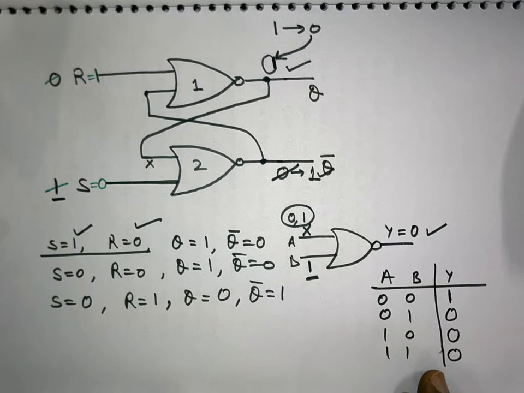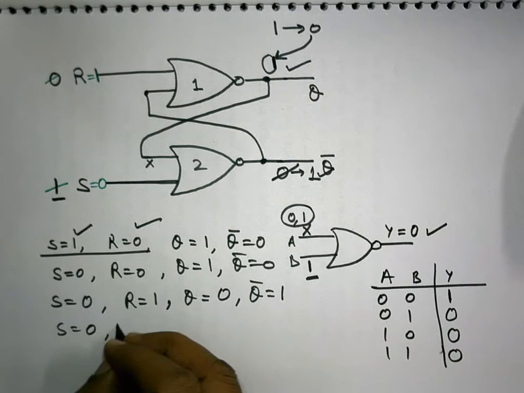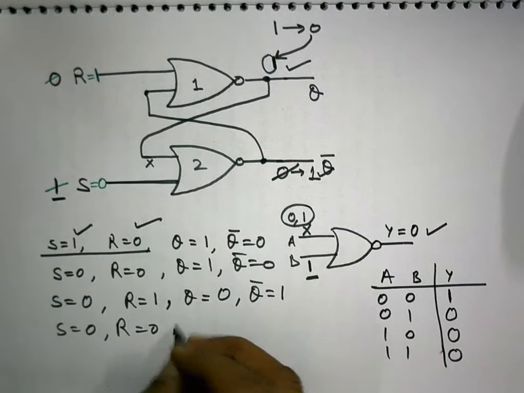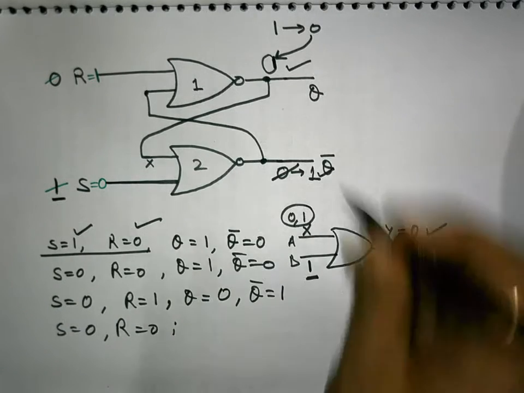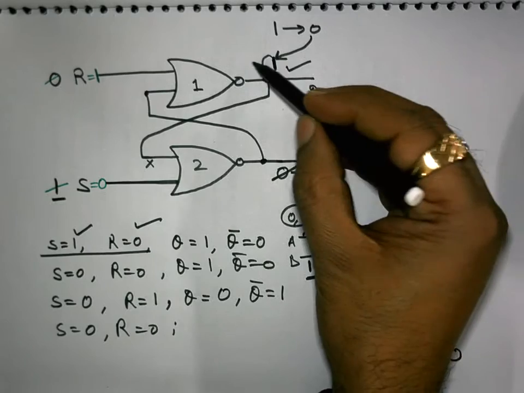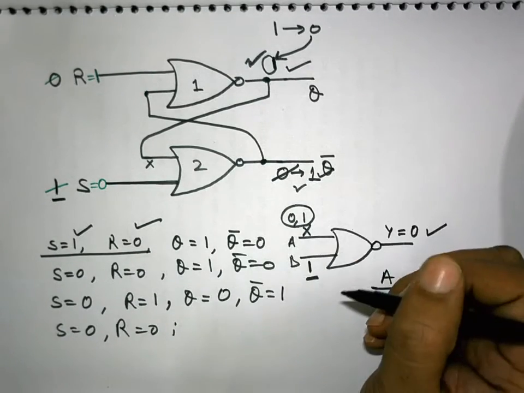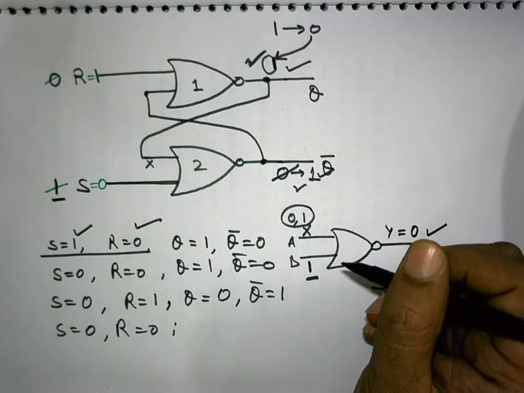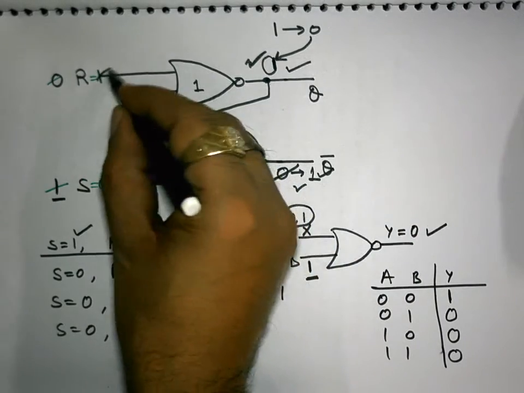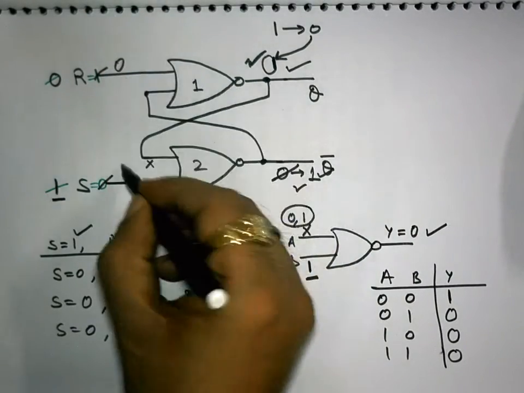Getting my point? Now if we further withdraw the input, means we make S equal to 0 and R equal to 0, you see what will happen? What has been latched or memorized in the output of this latch is 0, 1. And we are now applying 0, 0.